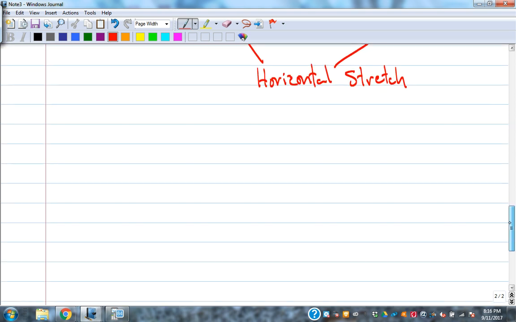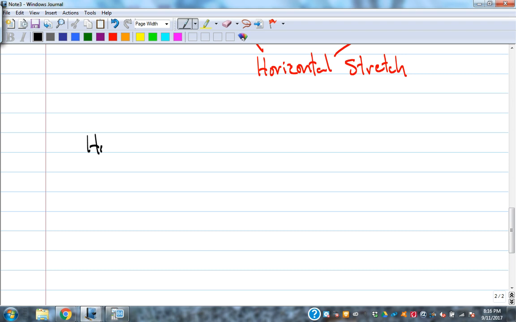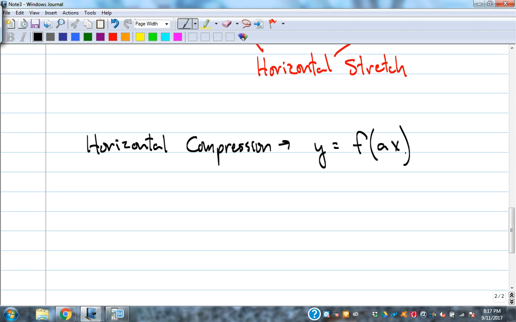All right. Horizontal compression. Still going to happen on the inside. Still a times the x. A is bigger than 1.